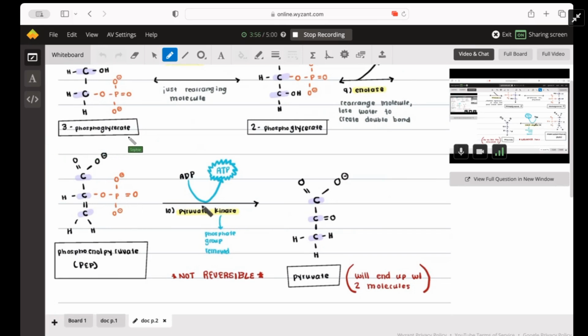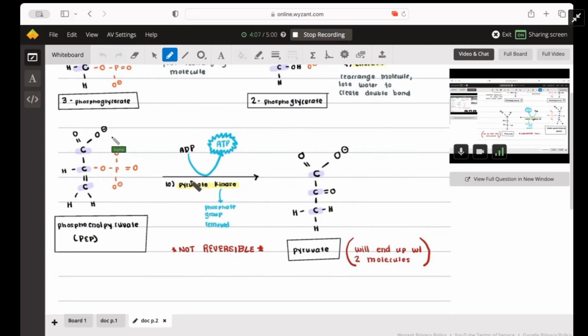And when we have pyruvate kinase come in to remove this phosphate group, it's going to make another molecule of ATP and then create our 3-carbon pyruvate. So it's important to remember that this step in glycolysis is not reversible. Once you get to this point and pyruvate kinase comes in, this step is always going to happen.